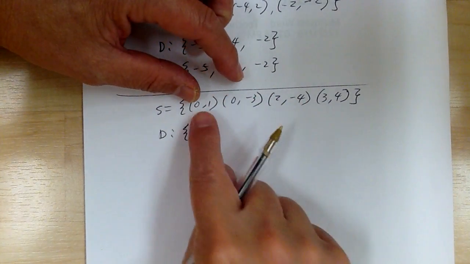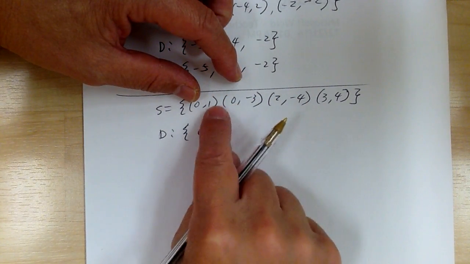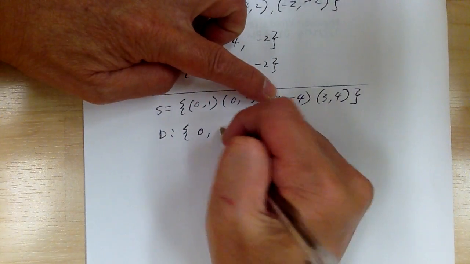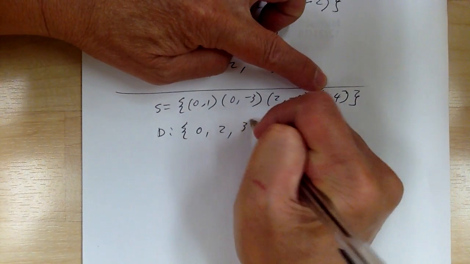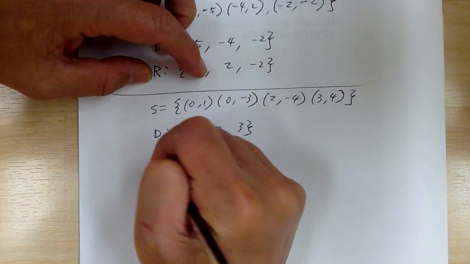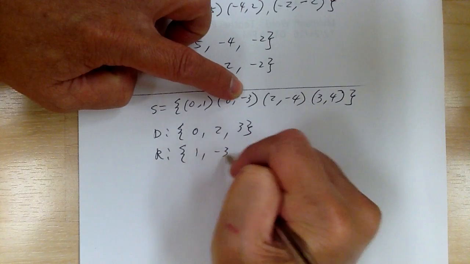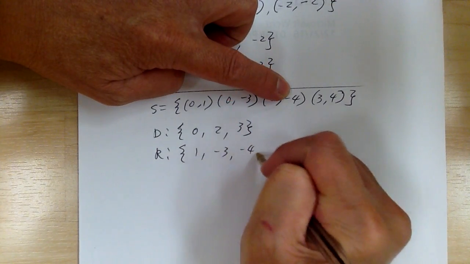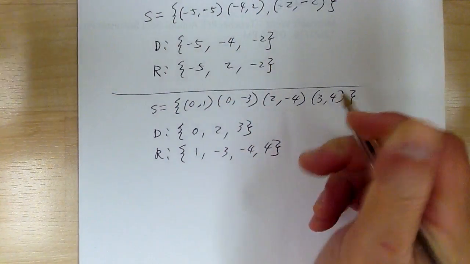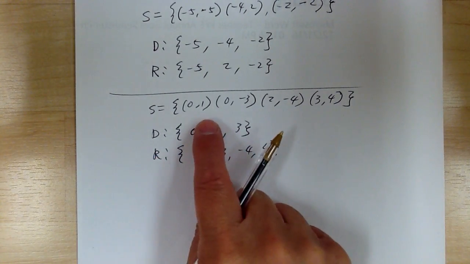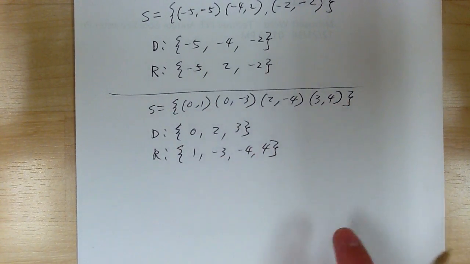Now notice the 0 is repeated, so all you need to do is write it once. So the domain would be 0, 2, and 3. And the range would be 1, -3, -4, and 4. Okay? So again, domain is your first number, range is your second number. And when you have ordered pairs, this is called a relation.